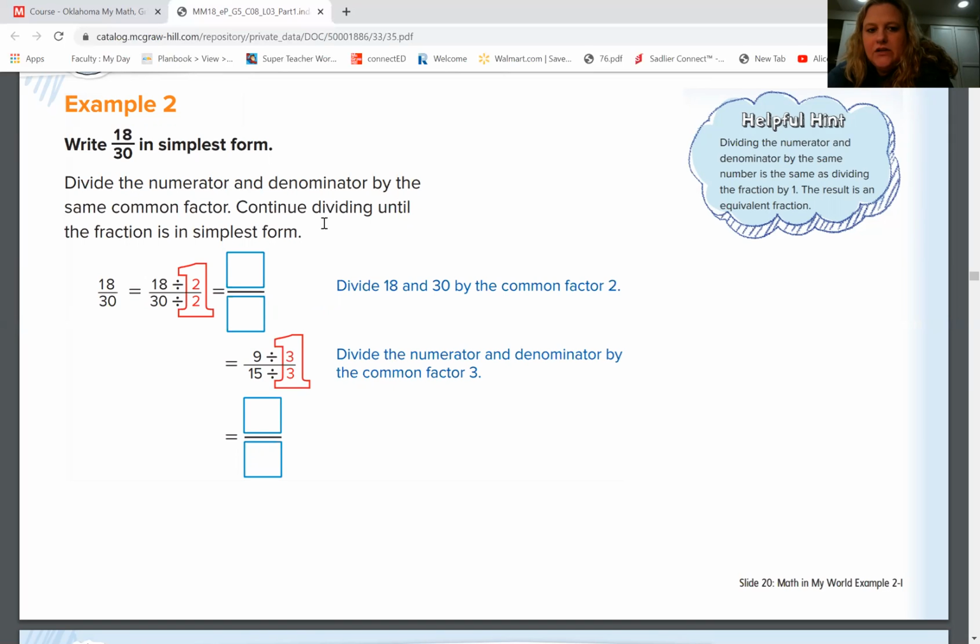Now, I know that 9 and 15 share a factor other than 1. If they share something other than 1, we are not done. So 9, if I were to list out its factors, it would be 1 and 9, 3 and 3, and 15, 1 and 15, 3 and 5.